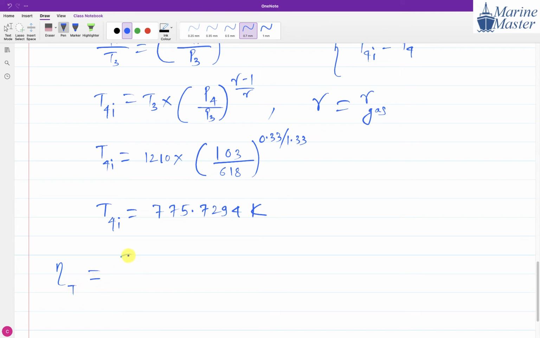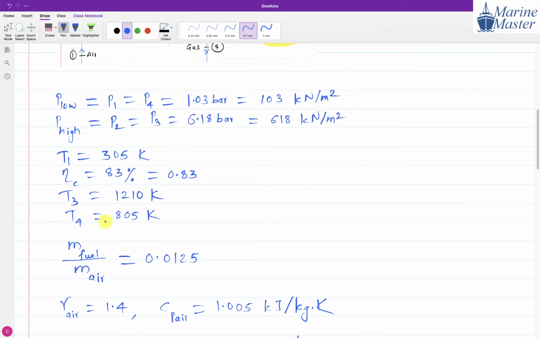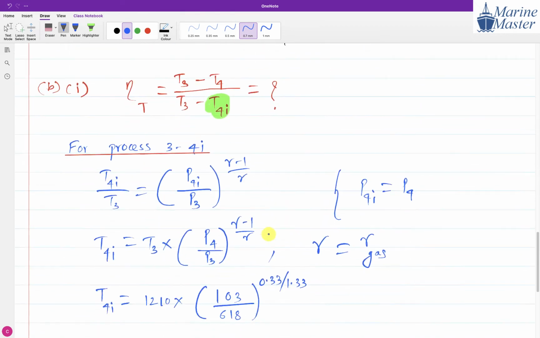What is the relation we have seen? T3 minus T4 divided by T3 minus T4i. I am going to put in all the values. The value of T3 is 1210. Let me check the value of T4: 805 Kelvin.